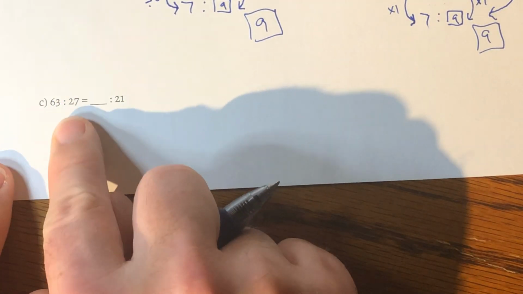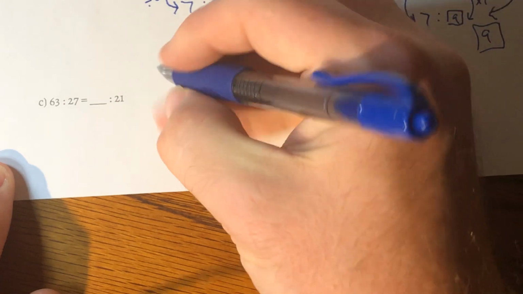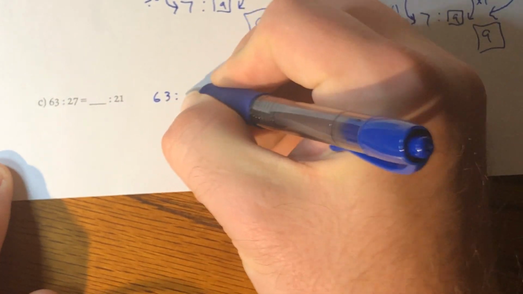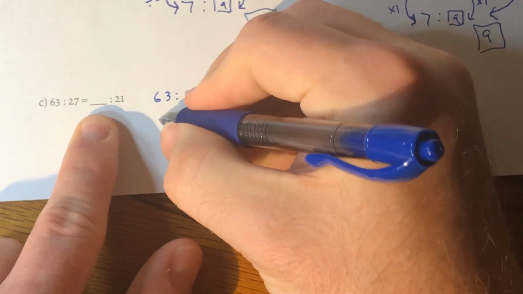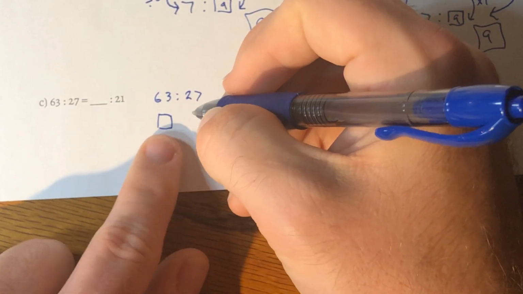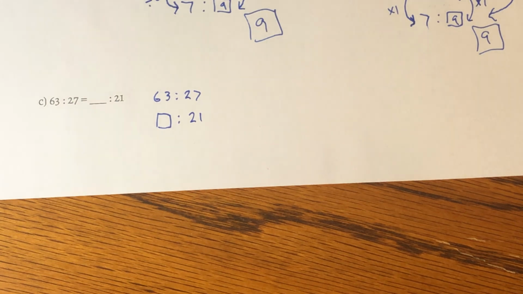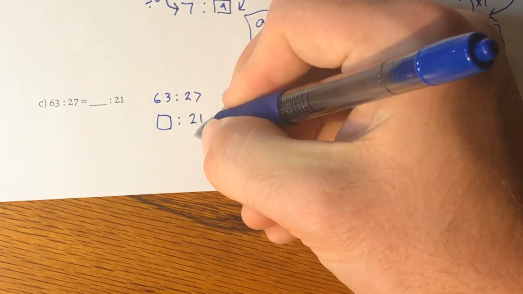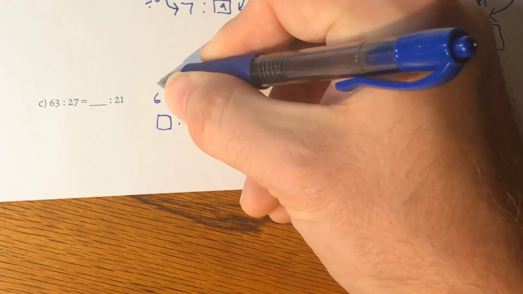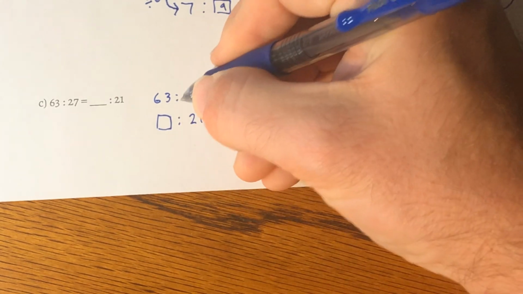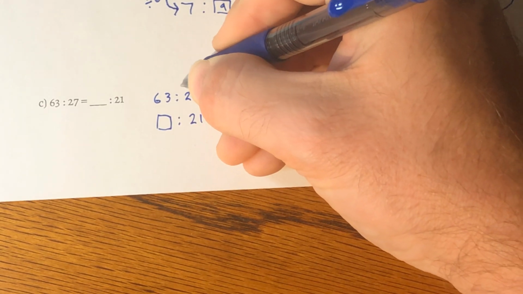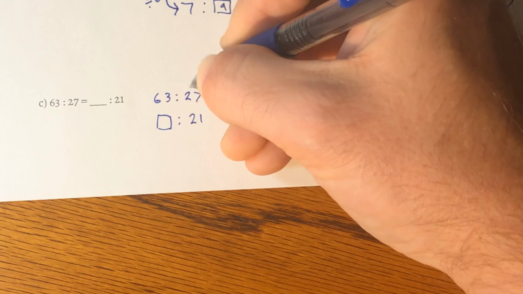Okay, we have 63 to 27. And we have blank. Oh, look, the blank changed spots. All right, to 21. Okay. So I can go left or down. Do I know how to go from 27 to 63, multiplying or dividing?